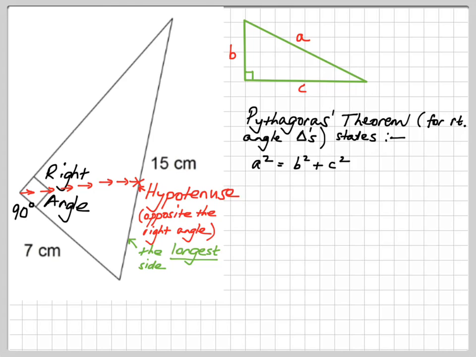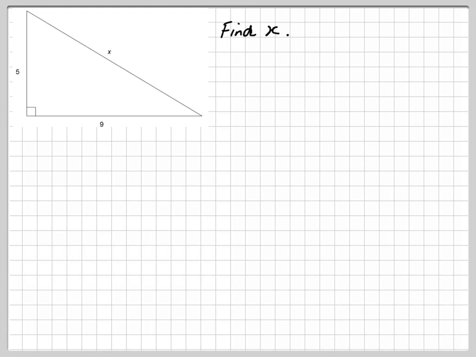In other words, the length of the hypotenuse squared is equal to the sum of the squares of the lengths of the other two sides, that is b squared plus c squared. That's the theorem in a nutshell. We'll put a very special box around that because that is some theorem. It's used everywhere in everyday life as well as mathematics.